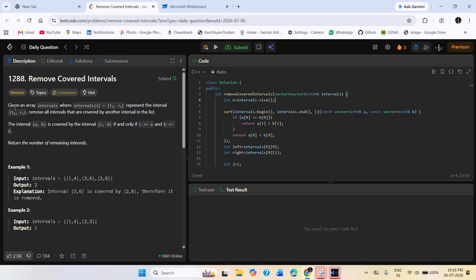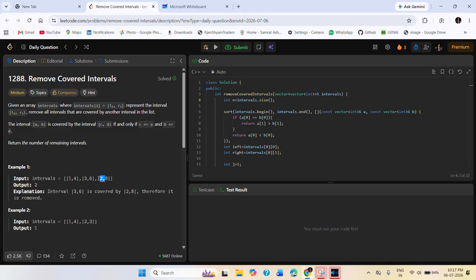We are given an array intervals, where interval i consists of left i and right i. It means the left side limit and the right side limit represent the interval. Remove all the intervals that are covered by another interval in the list. As we can see, one interval is from 1 to 4, another is from 3 to 6, and this one is from 2 to 8.